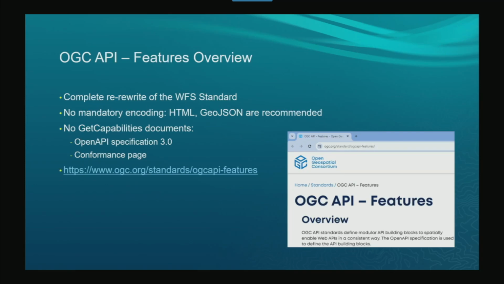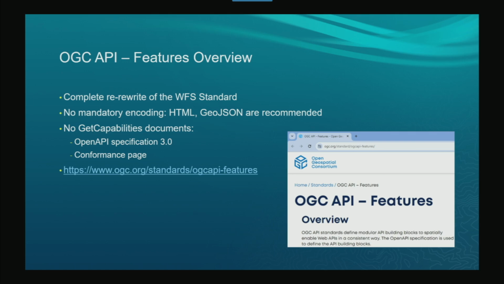Okay. What is OGC API features? It's a complete rewrite of the WFS standard. It's not a new version. There is no mandatory encoding. HTML and GeoJSON are just a recommendation. No GetCapabilities document.